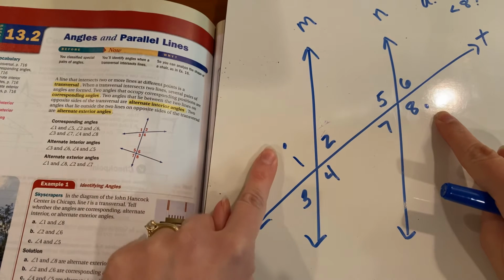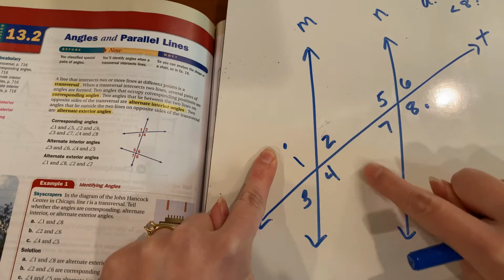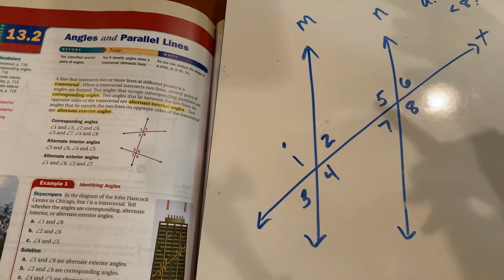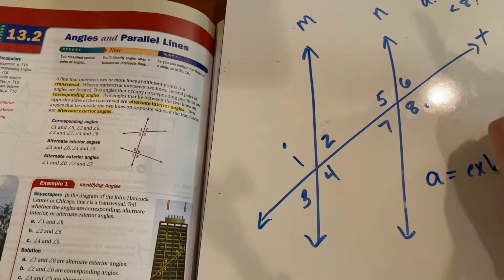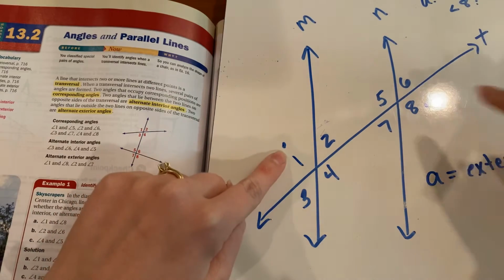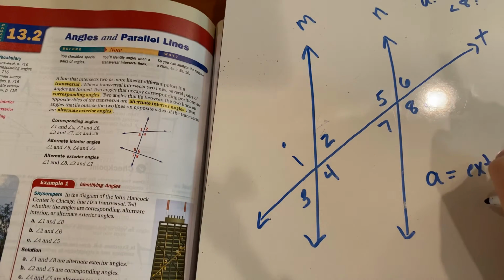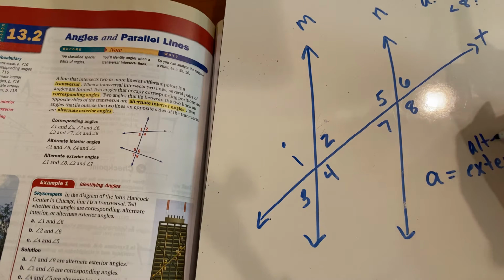So that tells us right away we have some exterior angles. So for A, so far, we have exterior. And if we notice, they're in opposite positions of each other. So we have alternate exterior angles.